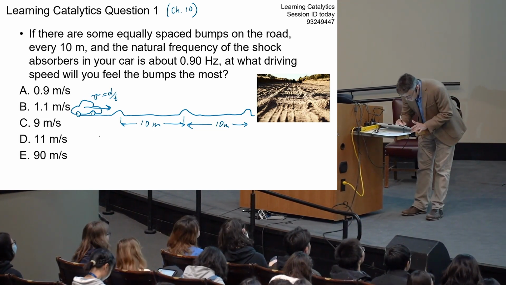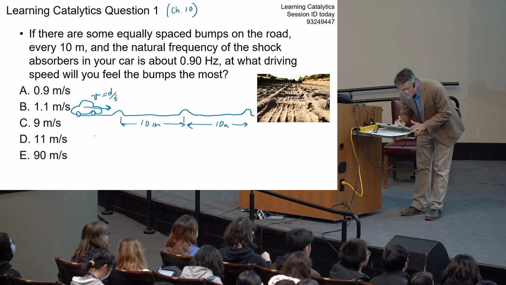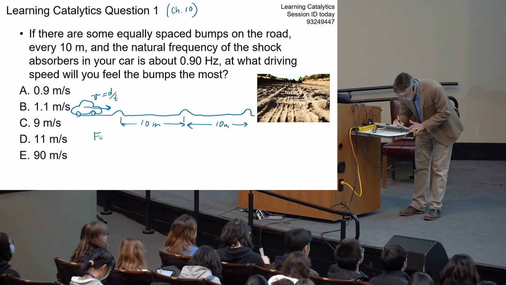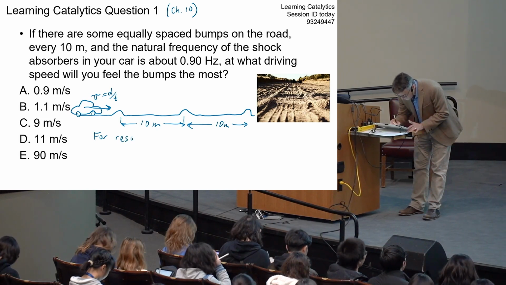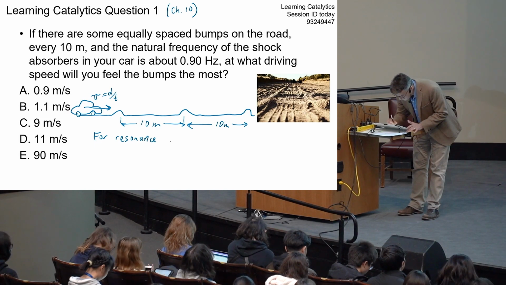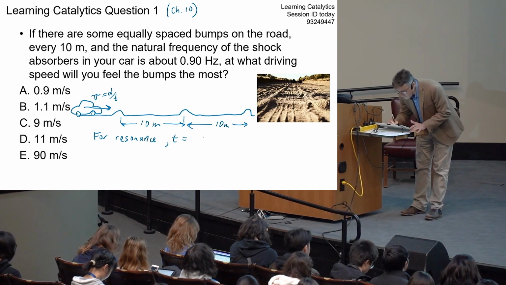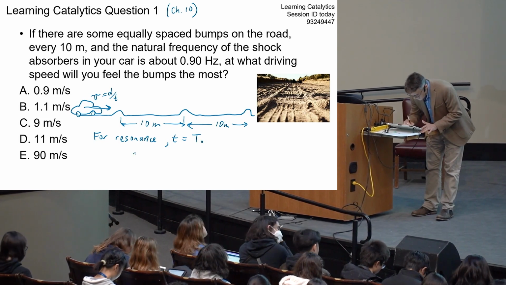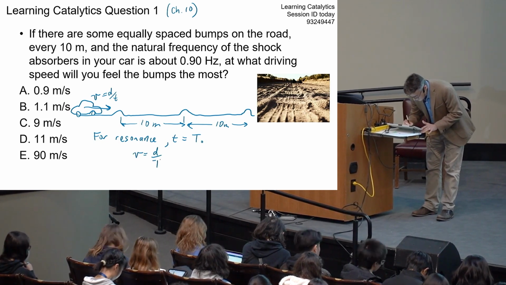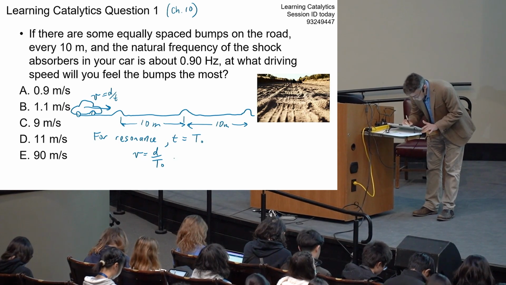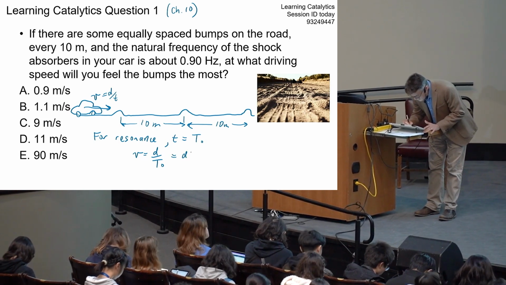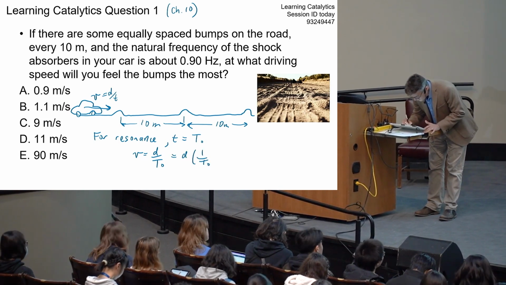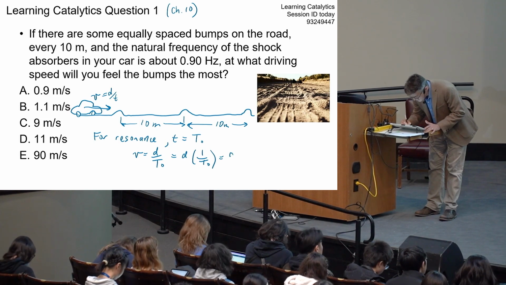And so what we want to do is, for resonance to occur, t should be equal to capital T. So basically this v is distance divided by capital T, so that's distance times 1 over T, which is distance times the frequency.